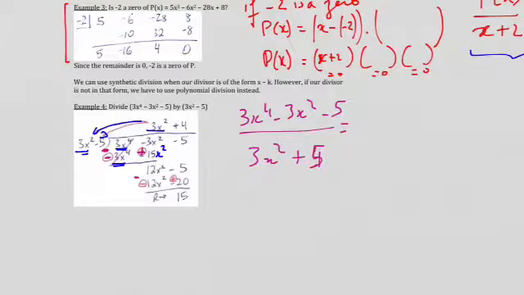It's 3x squared minus 5 right here. I made a tiny mistake. So it is going to be equal to 3x squared minus 5 plus the remainder 15 divided by 3x squared plus 4.